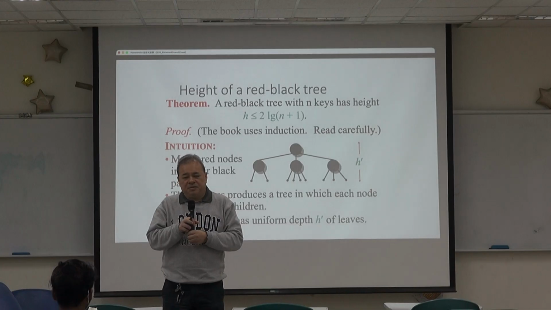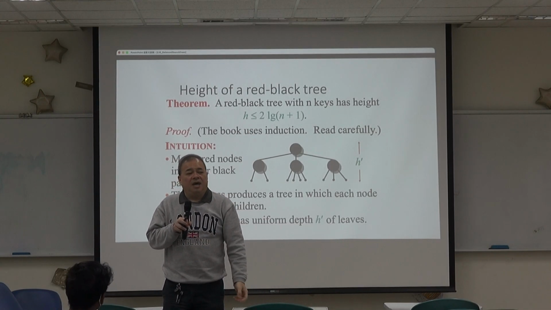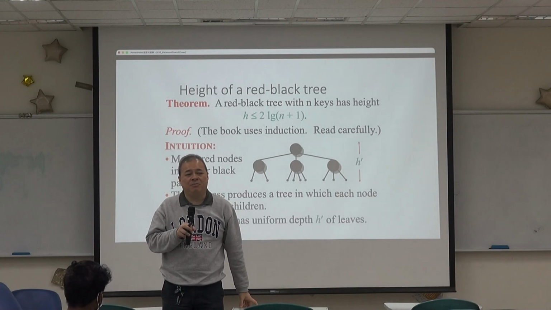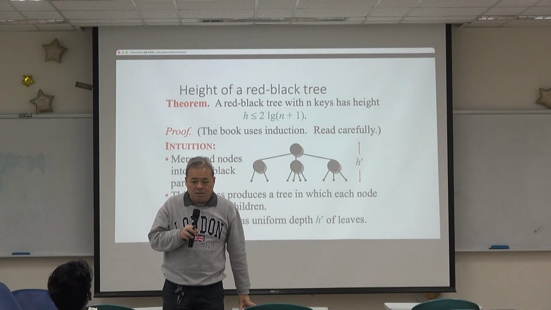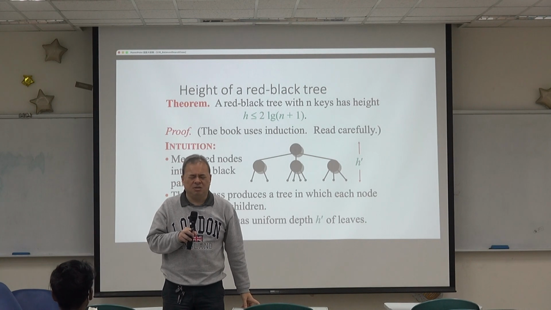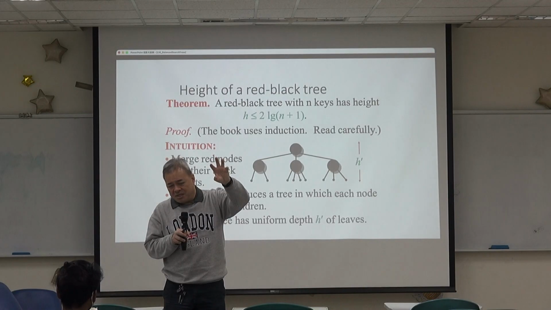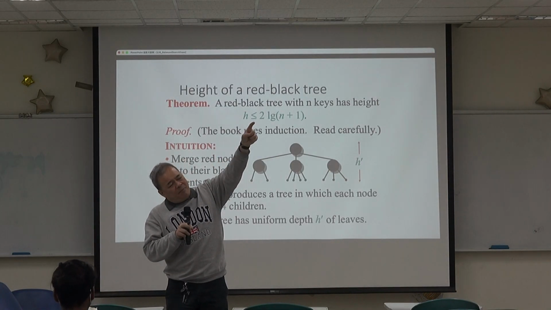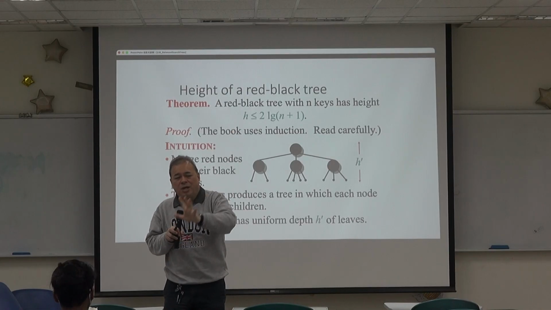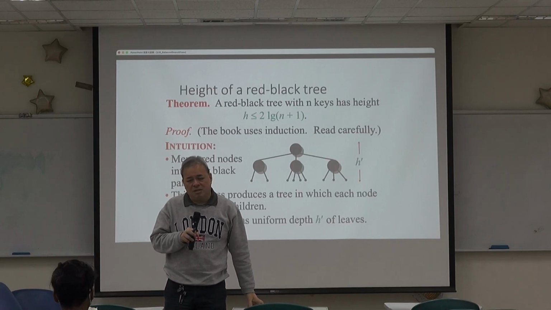I mean, from the root to any leaf node, at the most you can only have half of the nodes that are red. Because in the definition of the red-black tree, a red node must have a black parent. So in a path from the root to any leaf node, at the most you have only half red nodes, right?